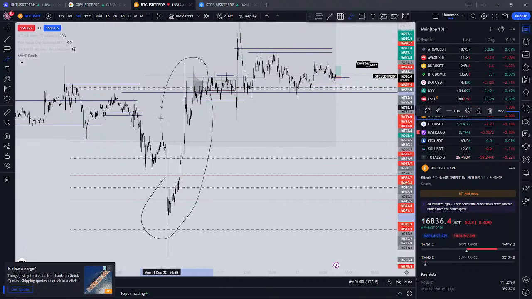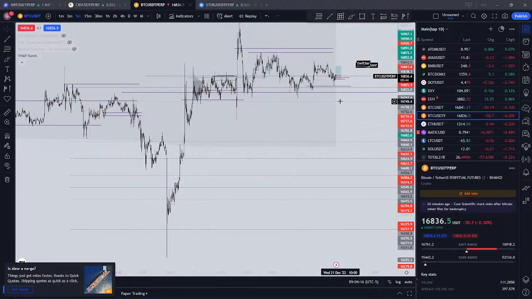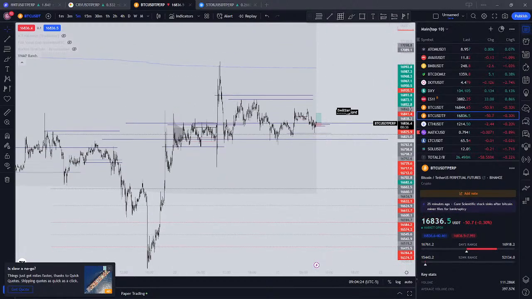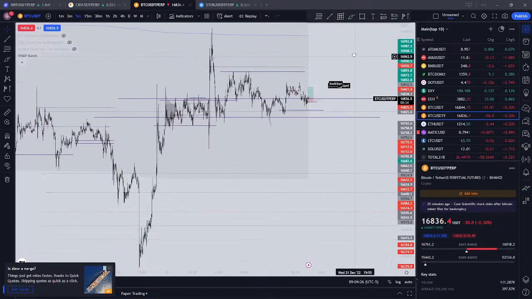Monday's move, 9 times or 8 times out of 10, is going to be faded, which basically means market makers are going to come back for the liquidity below your week, and this tends to happen on Wednesdays and Thursdays, which is called the midweek reversal, something that was taught in the private Discord by a person named Dean.